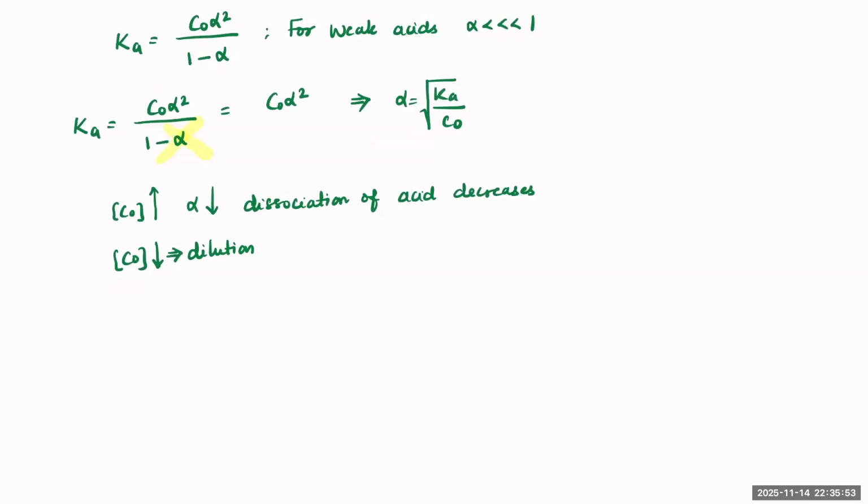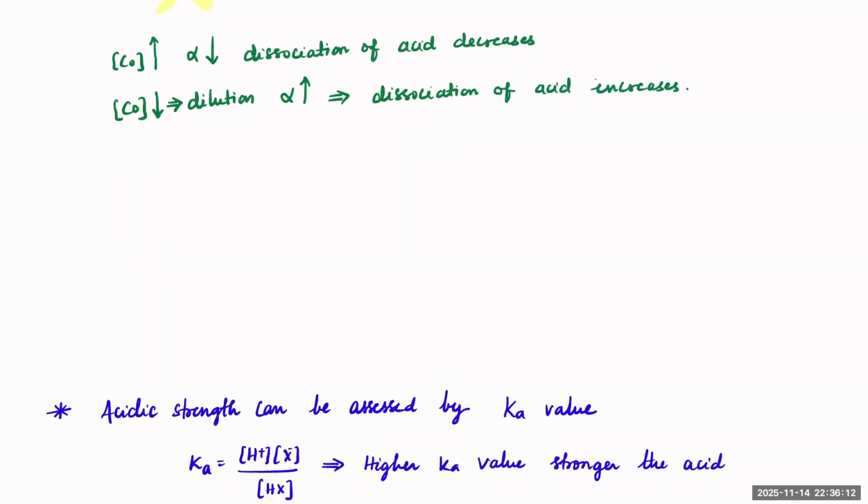On decreasing, the alpha value increases, which implies dissociation of acid increases. This is what we call Oswald's dilution law: as you keep diluting the solution, the concentration decreases and the alpha value increases.